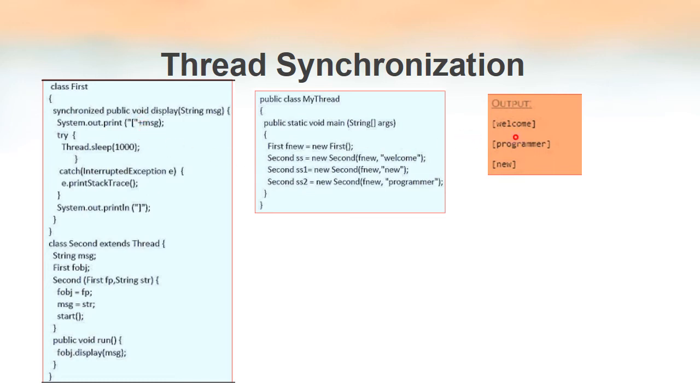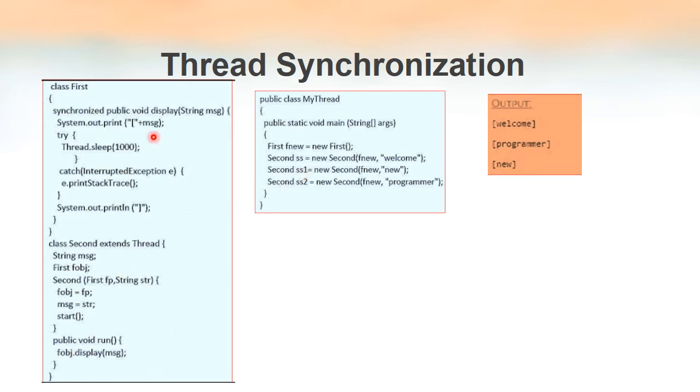In such situations we will get the output exactly like this. First of all, ss calls the constructor, copies the object string and calls the start method. We are passing the message to the display method. Here we print one square bracket and then the word msg, that is welcome, the word passed by the first thread. Then the thread sleeps for 1 second.